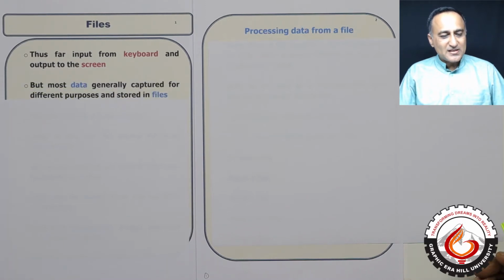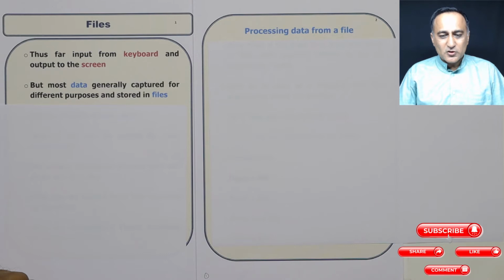The first thing is, when you're working in a company, or let's say you're working in a university, for example, when I enter the university, all my data is accepted from me and it is already stored permanently on the hard disk. So I can use the same data to generate my marks card because it has my registration number, name, address, and everything.